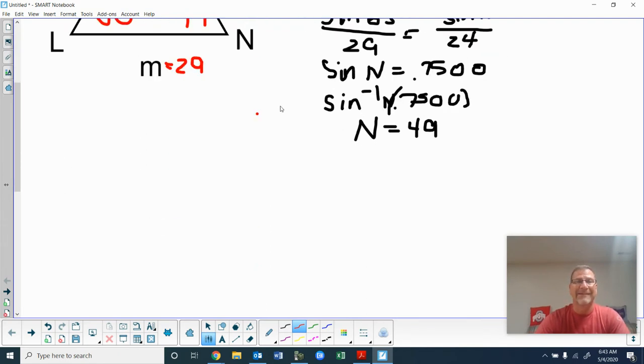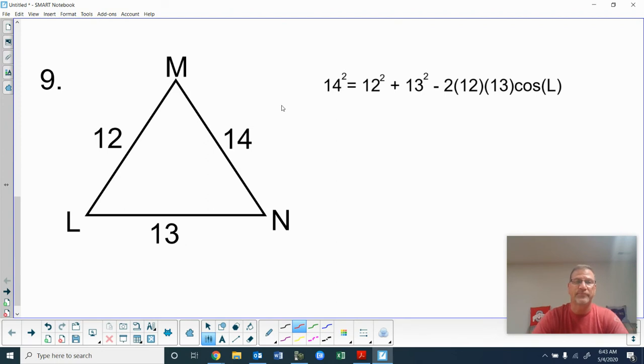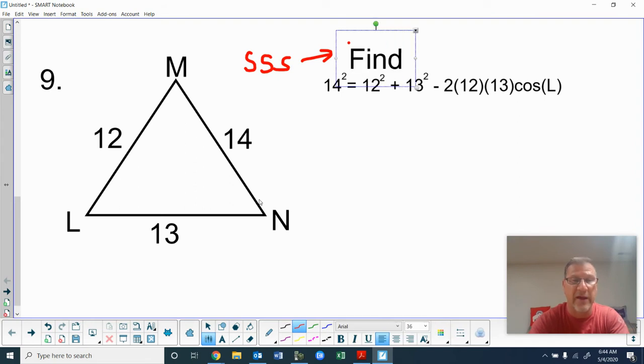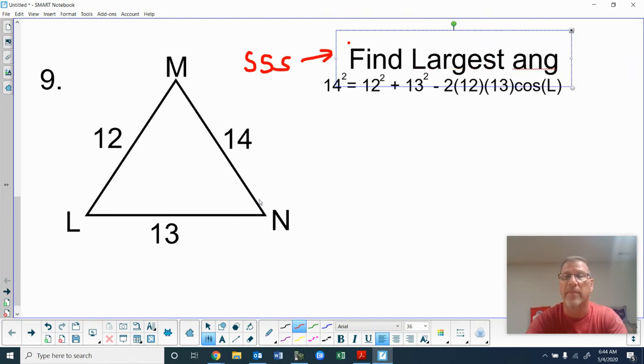Okay? Then I did number 9. And this was a side-side-side situation. And remember, on the side-side-side situation, find the largest angle first.